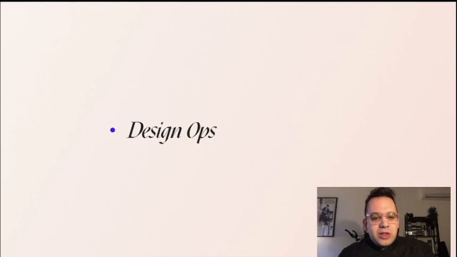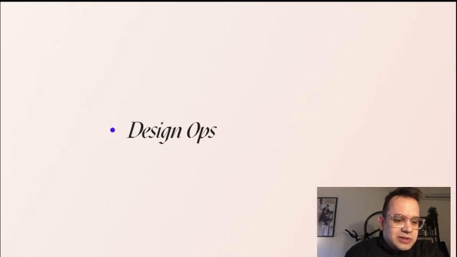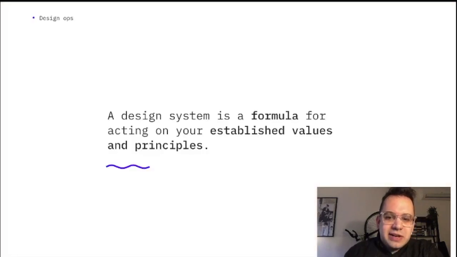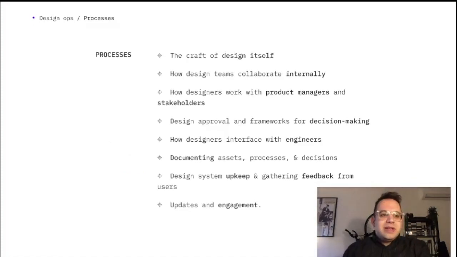So this is kind of where design ops comes in, because if I were to answer the question, what is a design system? I would say a design system is a formula for acting on your established values and principles. Maybe you could call it a set of routines.